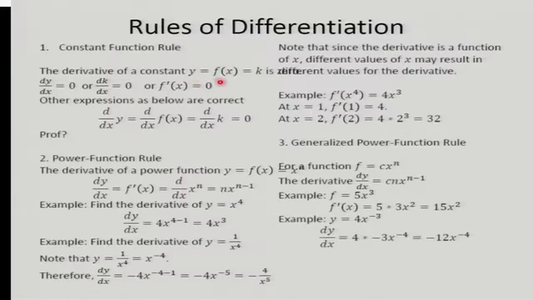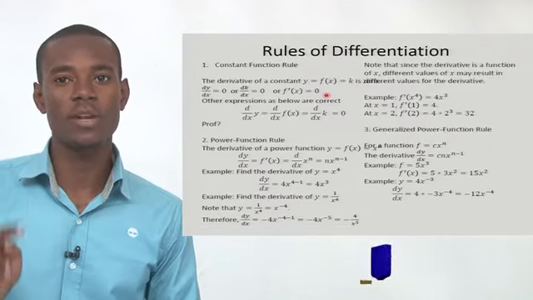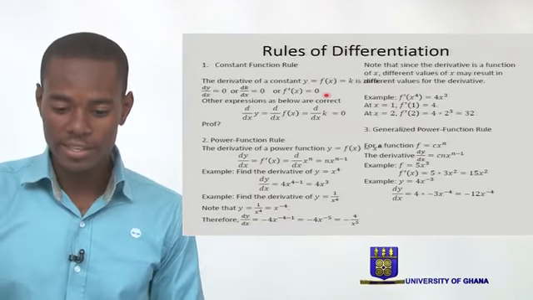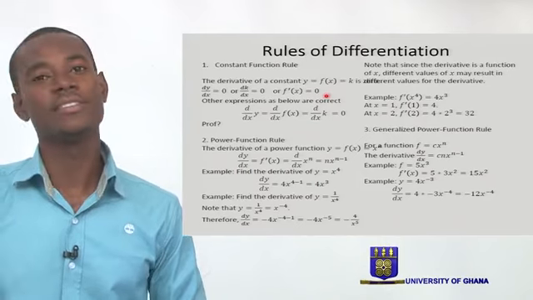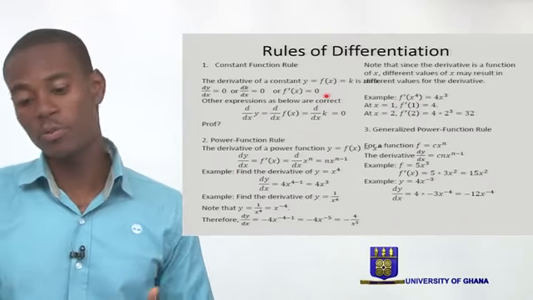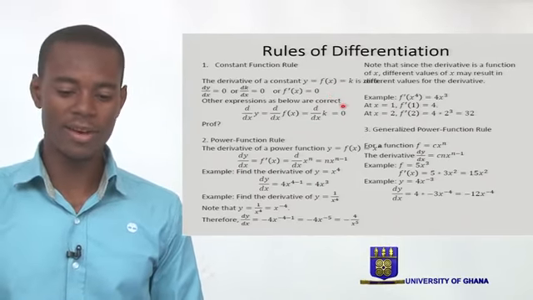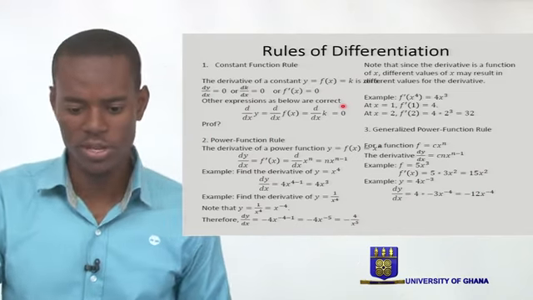Then if I want to find the differential of y, I can write this as f prime, or dy dx equals 0. That is if what I am differentiating is a constant. And so it is just basic. There are mathematical proofs to show this, but I don't think this is a math class, so we would not get too much into it.